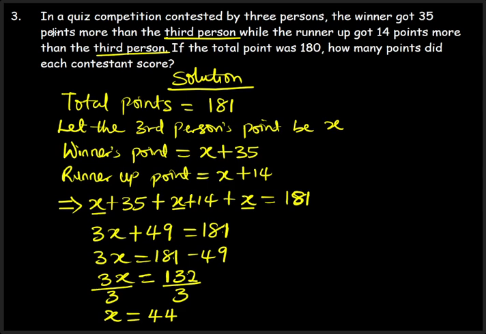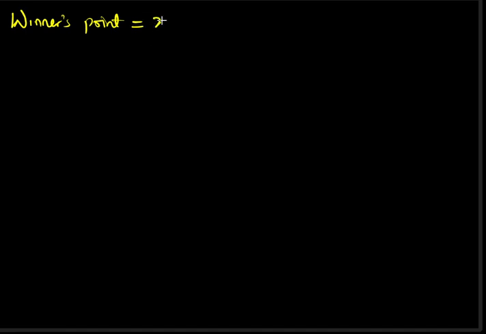The winner got x plus 35, and our x is 44. So by substitution, 44 plus 35 will be equal to 79 points.